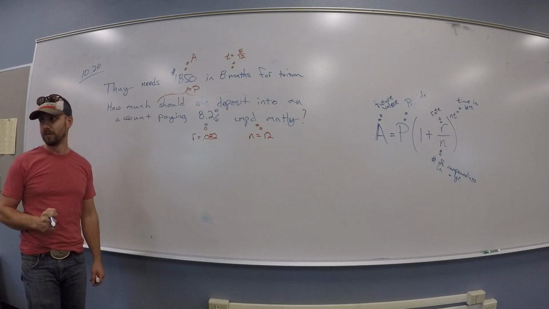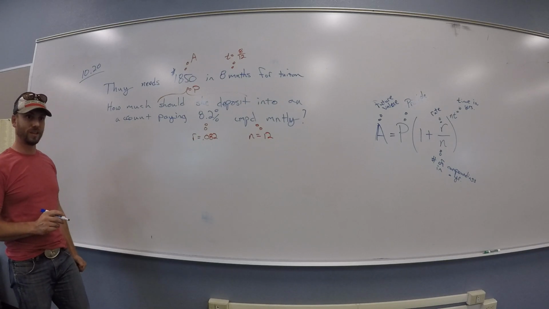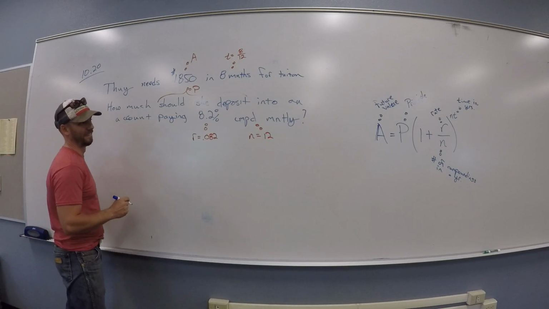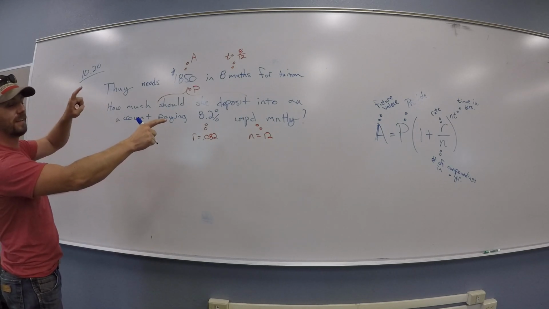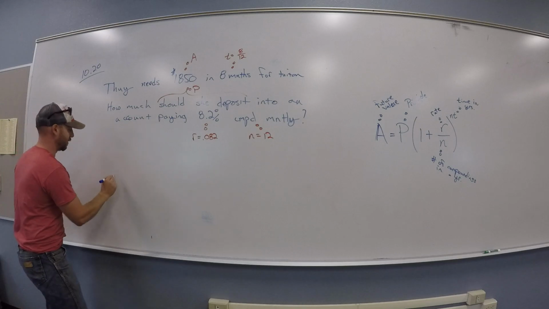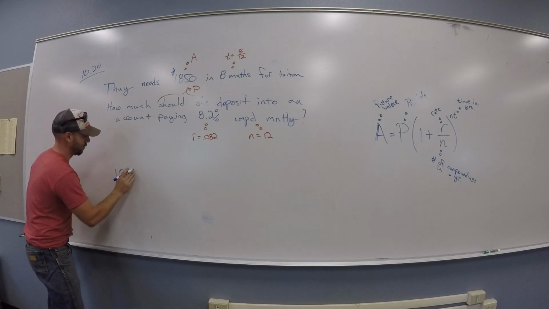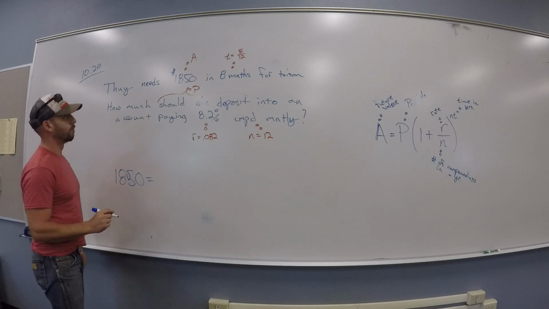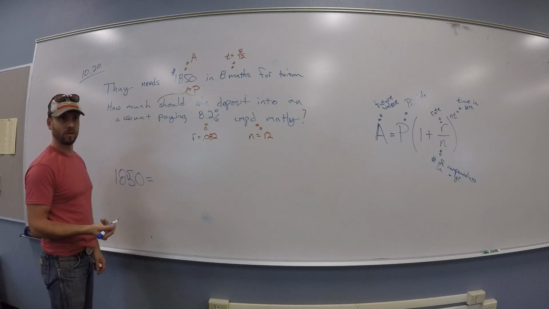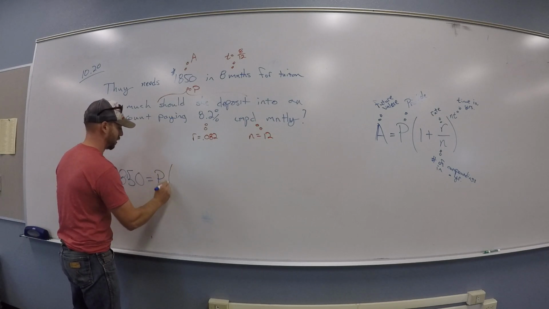So 0.082 divided by 12. So hang on. I know A. A is 1850, right? So I do 1850, what's the principal? No one knows yet, so I'm putting a P there.